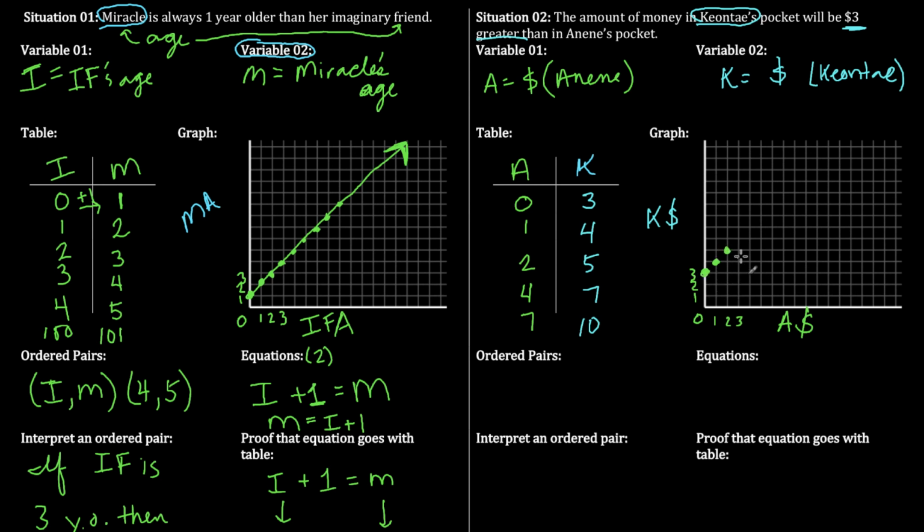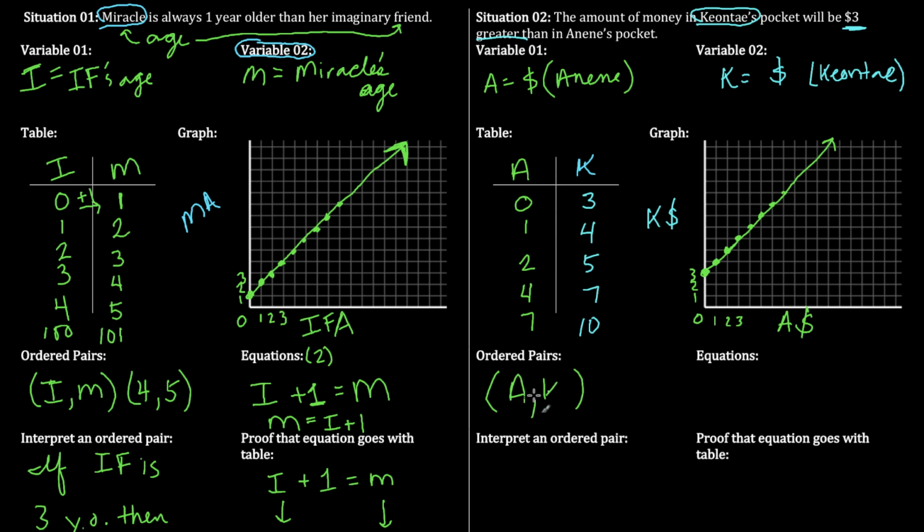And we can see that there's a pattern. We could graph the rest of these, but I can see that all we're doing is this, really. So I'm gonna try to sketch this. Okay. Now let's go ahead and write our ordered pairs. Nene would go first, and then Keontae.